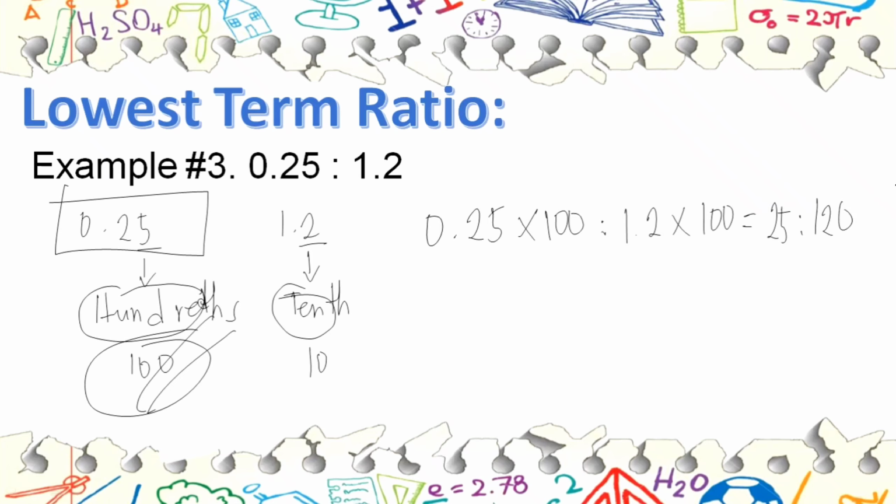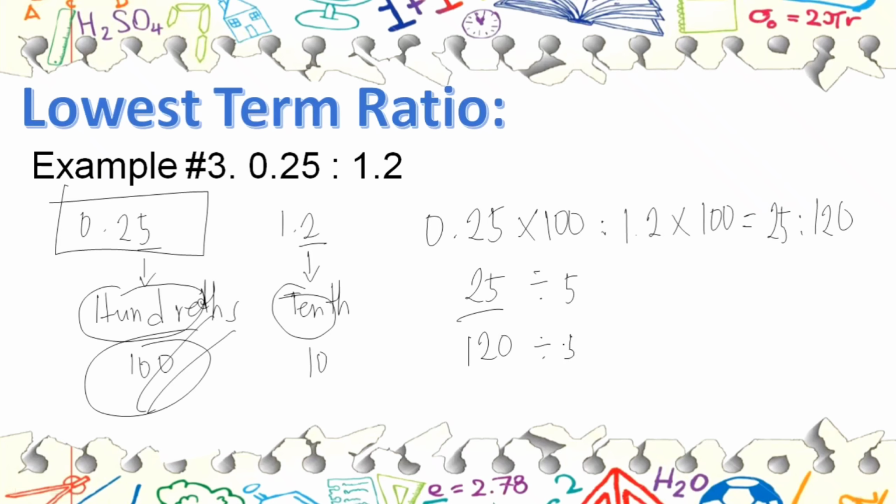And yung 25 is to 120 ay nare-reduce pa sa lowest term. So, from column notation na 25 is to 120, gagawin ngayon natin yung fraction notation na 25 over 120. And then, isip ulit tayo ng pinakamalaking number na pwedeng divide both kay 25 at 120. At yung number na yon ay 5.